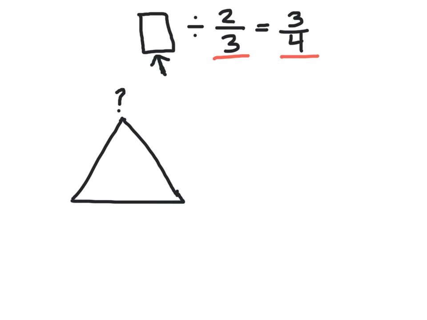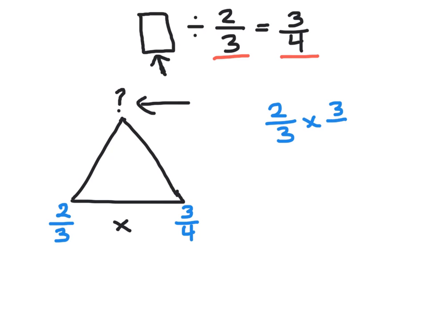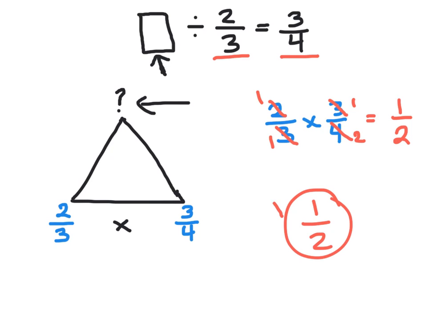And the factors that make up that question mark are 2/3 and 3/4. So we know that if we multiply 2/3 times 3/4, we will get this answer. So let's go ahead and do that. 2/3 times 3/4. After cross-canceling, my new fraction is 1/2. So I know that 1/2 goes where the question mark goes.